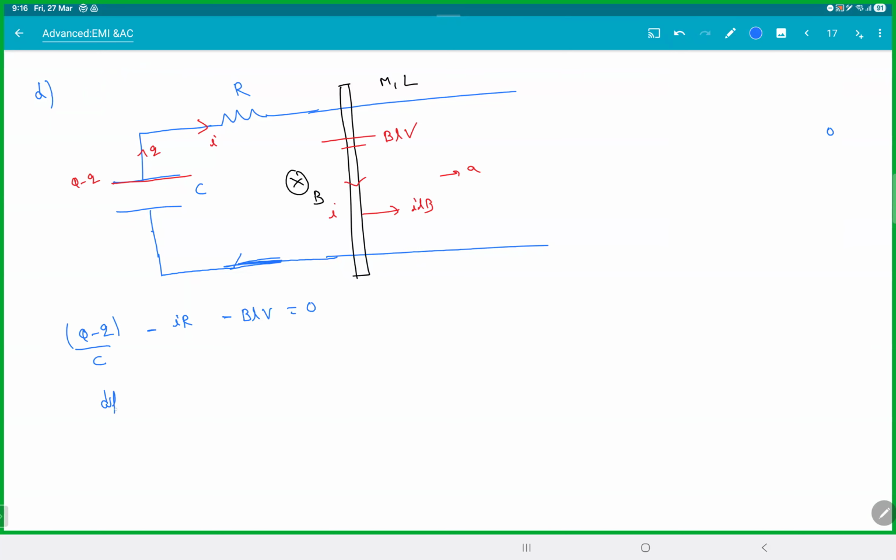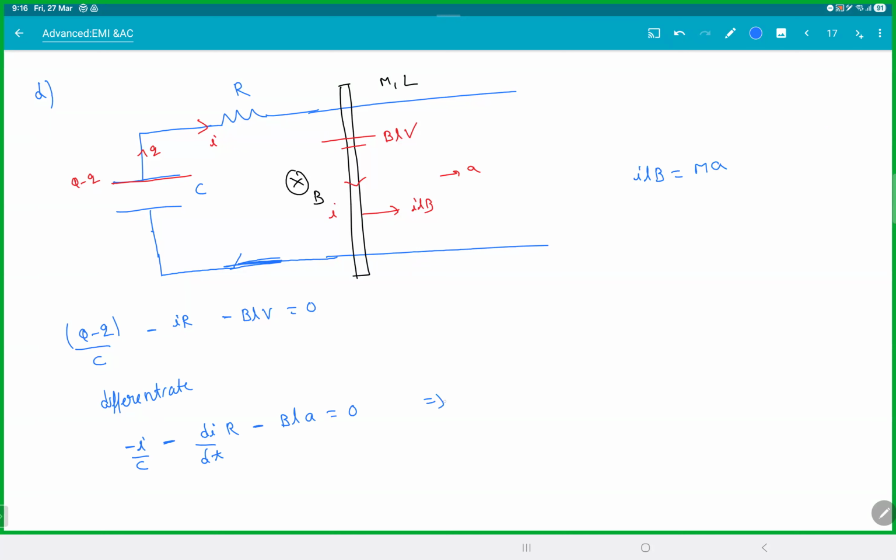Differentiate. Capital Q is constant. Minus q, that will be I by C. This will become di by dt. This will become BL times acceleration. And this will be ILB is equal to ma. Take a from here and dump it here.